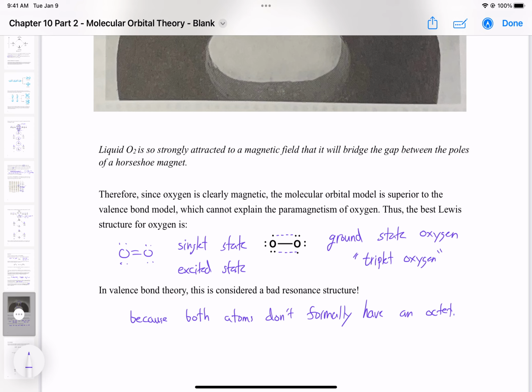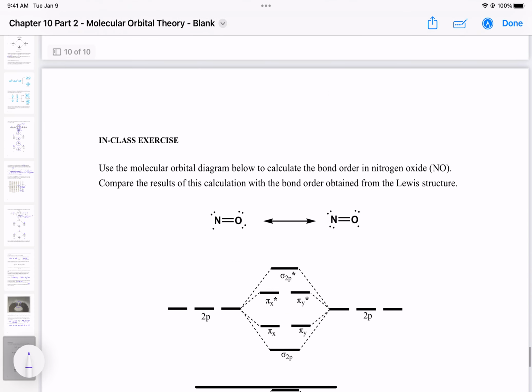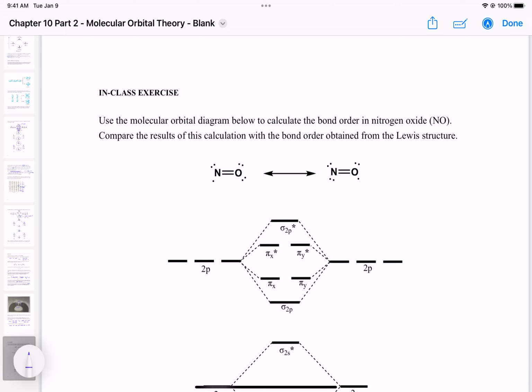Okay, so let's go over the last example here. We're going to use the molecular orbital diagram below to calculate the bond order in nitrogen oxide. We're going to compare the results of this calculation with the bond order obtained from the Lewis structure.